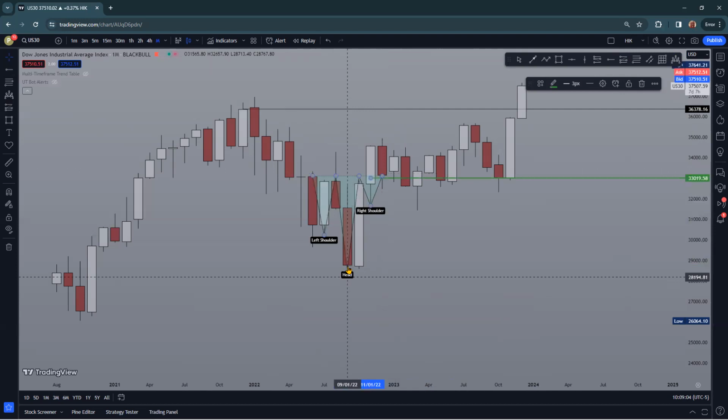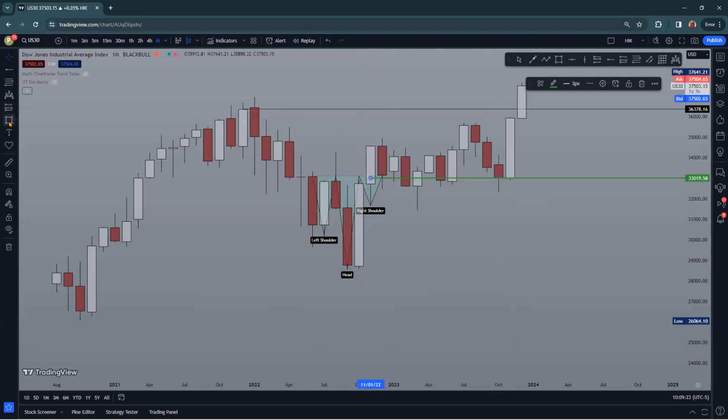Because this started to develop back in, wow, September 2022, right? But if you've identified that, you'll notice that if you're patient enough, it'll eventually go in your direction.